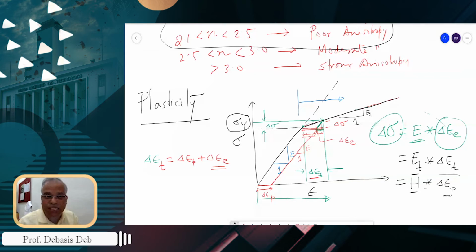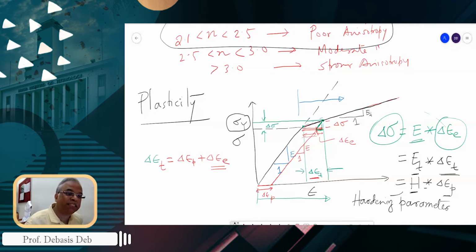This is just a hypothetical equation, it never happens. This H is called the hardening parameter. Okay, this has a particular meaning in plasticity, but this is called the hardening parameter.